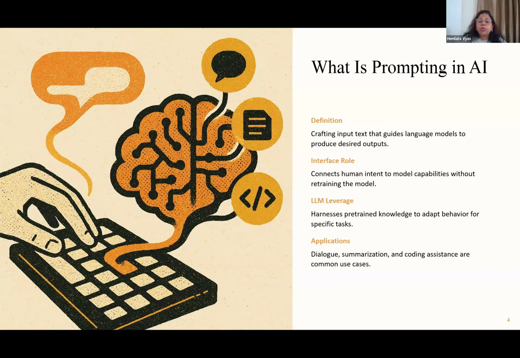To get the output that we want, we should give that kind of inputs to get the desired output. And what is happening when we do this? Say I want to get a summary of a document. The document is say 100 pages and I just write summarize. So it will produce one output for me.